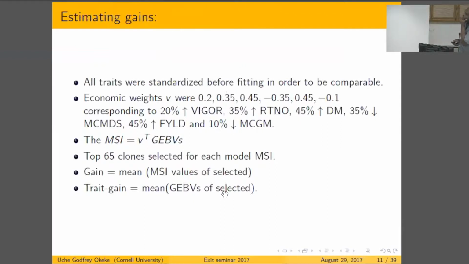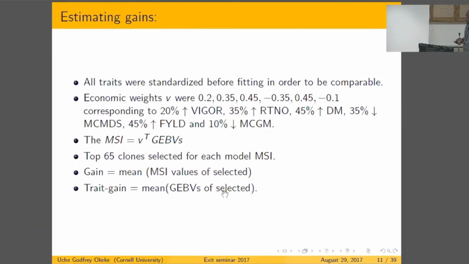So how did we estimate gains? First of all, we standardize all the traits so that everybody has the same scale, and we use the same economic weights. These weights represent a 20% increase in vigor, 35% increase in root number, 45% in dry matter, 35% decrease in mean CMD, 45% increase in fresh yield, and 10% decrease in MCGM.